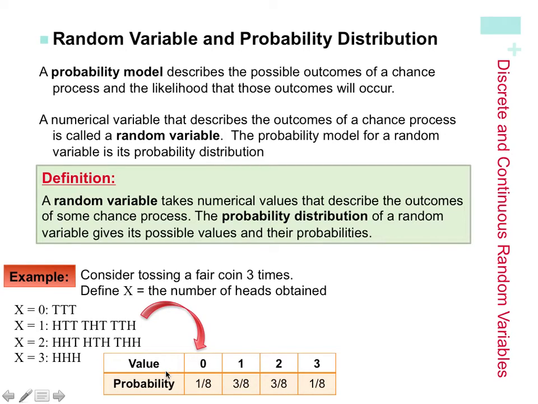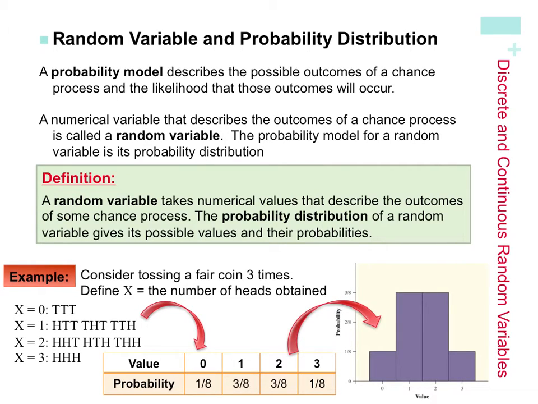So the probability that the number of heads obtained would be 0 is 1/8, where the probability that the number of heads obtained would be 1 is 3/8, and so on. Okay. If I wanted to show this in a histogram, you would notice that this has a symmetrical shape. This is going to play a more important role when we get into continuous random variables in a few videos.